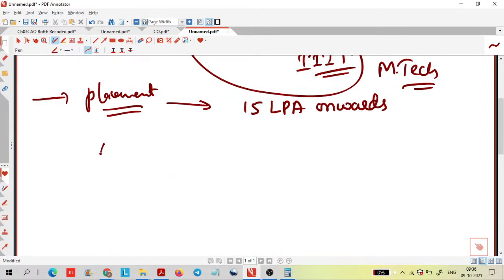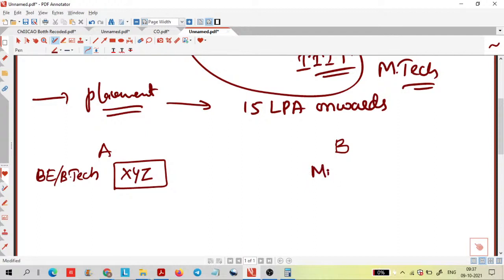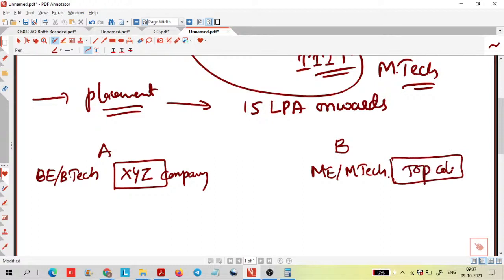Just a simple example: suppose person A and person B. After BTech, A will join some XYZ company, and B will join an ME or MTech course at a top college.